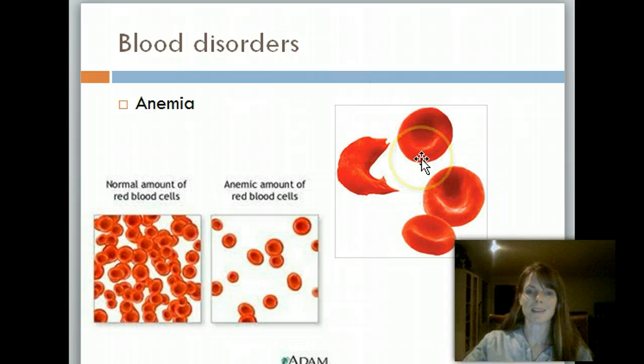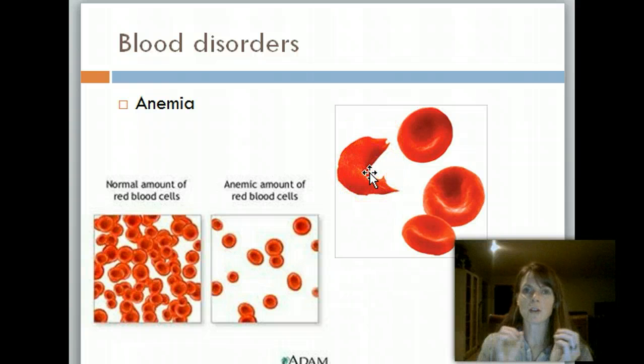Another type of anemia is sickle cell anemia. This is typically a genetic disorder and is found heavily among African Americans. It's a really devastating disease, because all of a sudden you'll have this bout of sickle cell where your red blood cells turn into this shape.